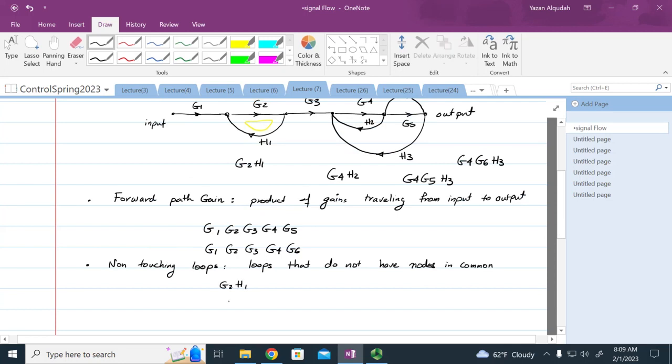What is another loop that does not touch G2H1? We can take any of the other ones. We can take G4H2. Both of these loops are not touching each other. We can take G2H1 and another non-touching loop is G4, G5, and H3.